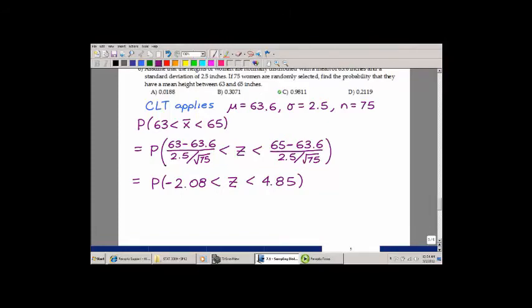And same thing on the smaller end. You could use 0.00001 if it had been negative 4.85, or even 0 really wouldn't hurt. Like I said, the answers are not going to be that close together. I'm not going to have answers that are 1/10,000th apart from each other. So this is approximately 1 on the chart.